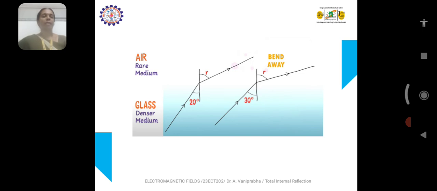Okay. If the angle of incidence of the light ray is slightly increased, let us consider the incident angle is increased from 20 to 30 degrees, what happens? Still the refracted ray moves away from the normal, and that angle is also increased. The refracted angle is also increased.